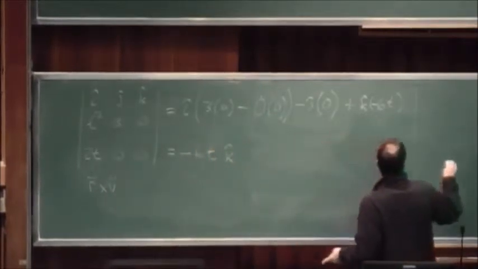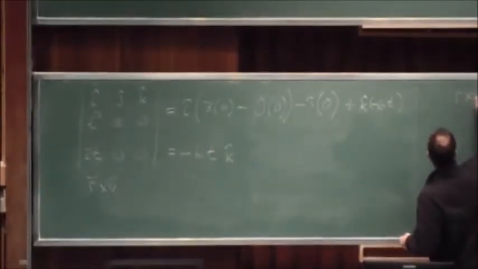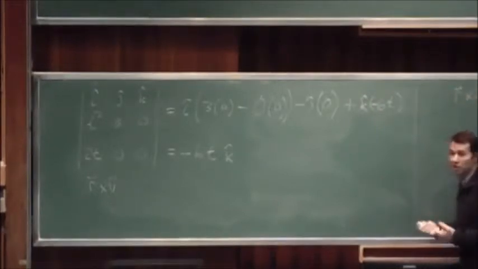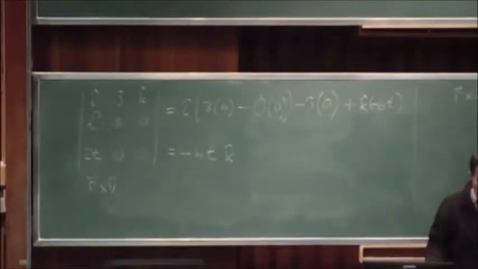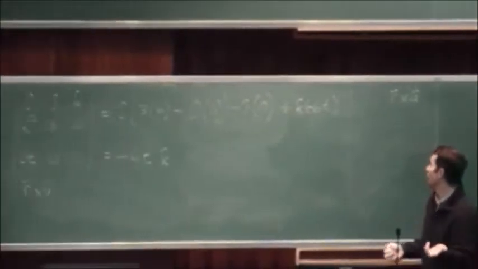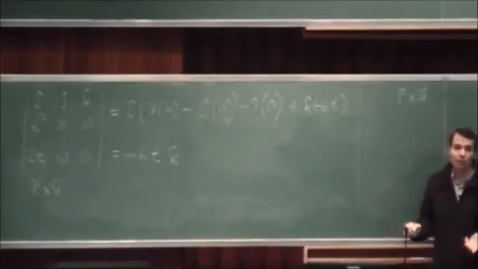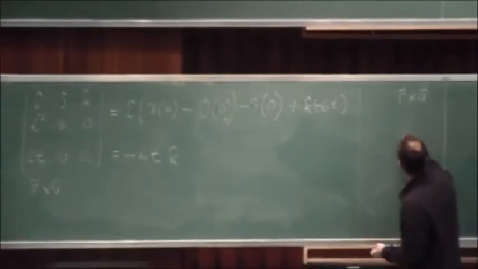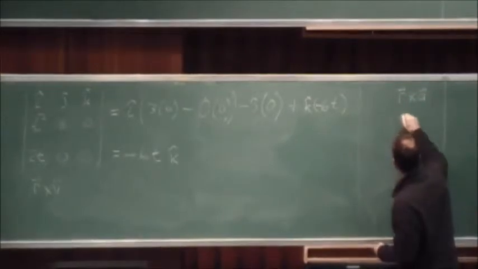Now, what about R cross A? Well, R cross A is also important because if we know R cross A, then we can find the torque. So if I do this again, I say i, j, k.